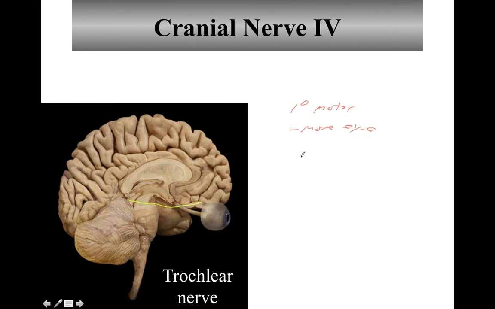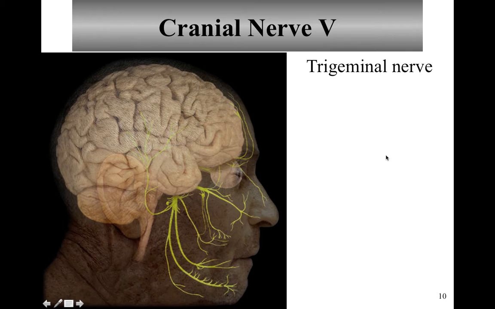And then once again, there's some sensory things in here that are proprioceptors. Cranial nerve 5, the trigeminal nerve.